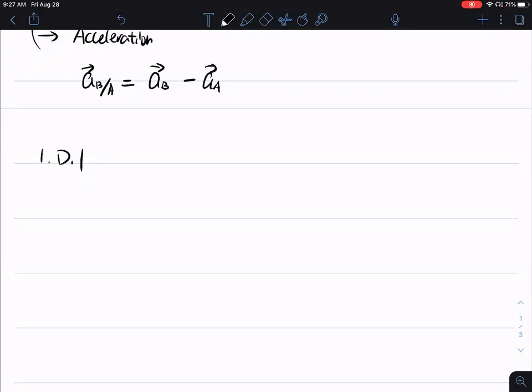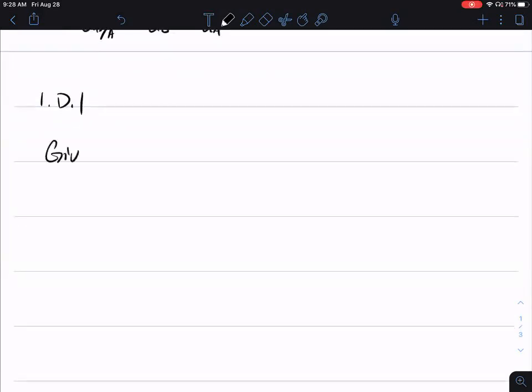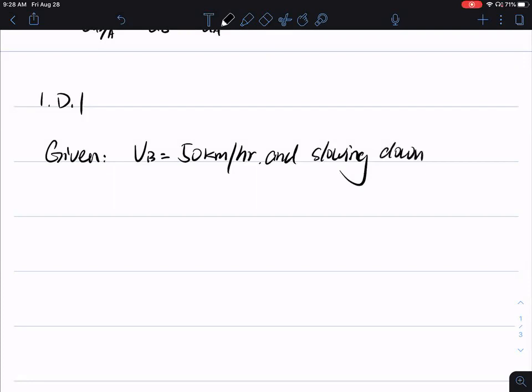Do you mind reading that for us? 1D1. Speed is increasing at a rate of 10 kilometers per hour. At this instant, A and B are traveling in the same direction. Now find the acceleration of the passenger in car A relative to car B. Okay, thank you. So we know two cars, car A and car B.